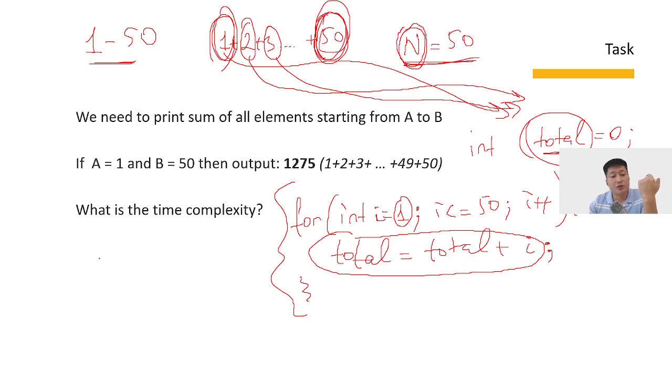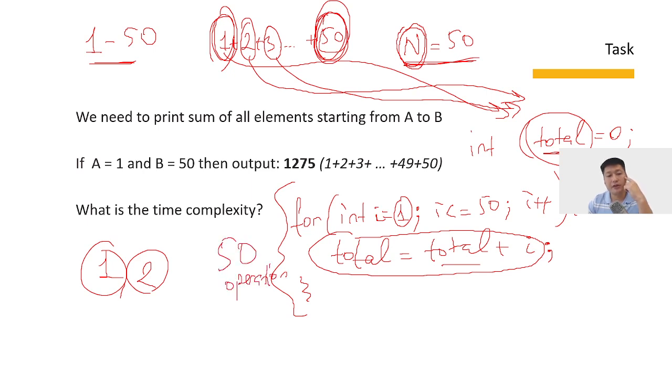When we have 1, we add it to total: this is one operation. Then we take the number 2, total equals total plus 2: this is the second operation, and so on. So this algorithm performs one operation per value. For each number, we do one operation. So totally, we do 50 operations, guys.